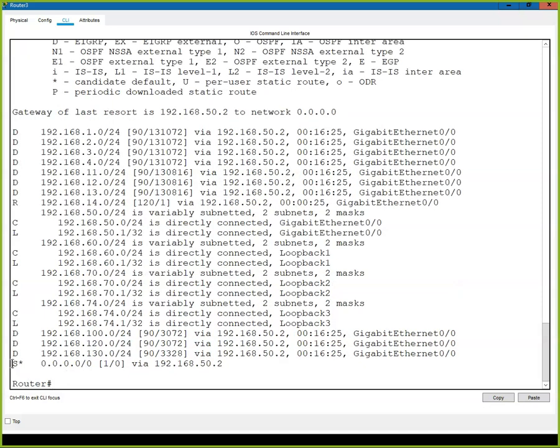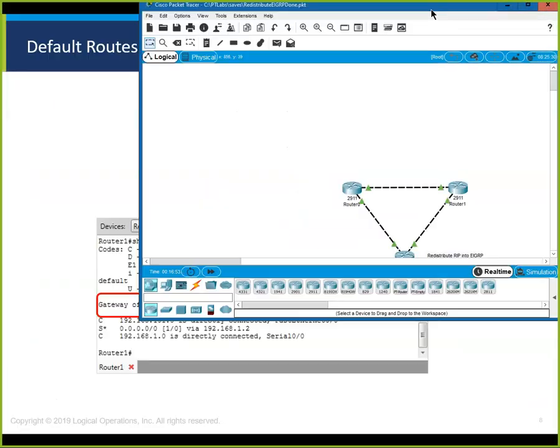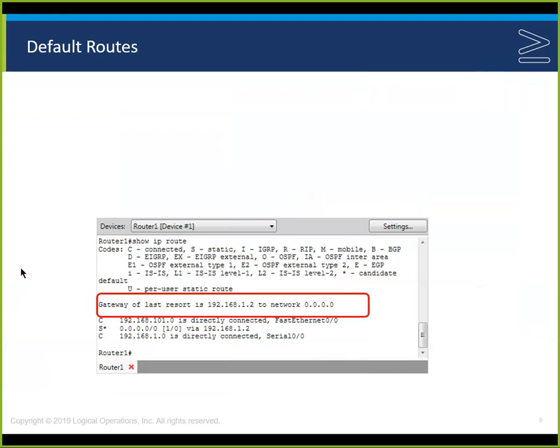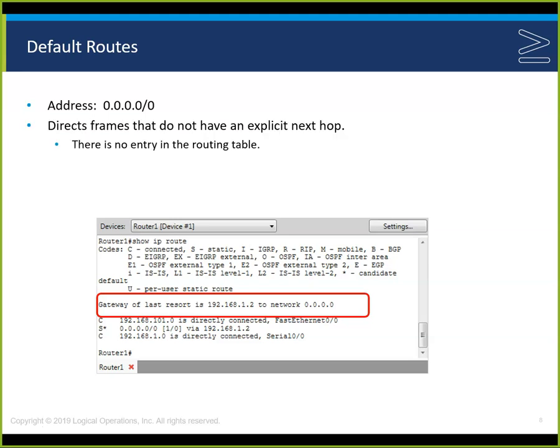It also shows up down here as an S, as a static. A static with a star means that it is in fact the default route. And via is going to be the next hop address. So default route: if I don't have anything else, nothing in the route table matches, send it there, and let the other guy worry about it. The default route address is 0.0.0.0/0.